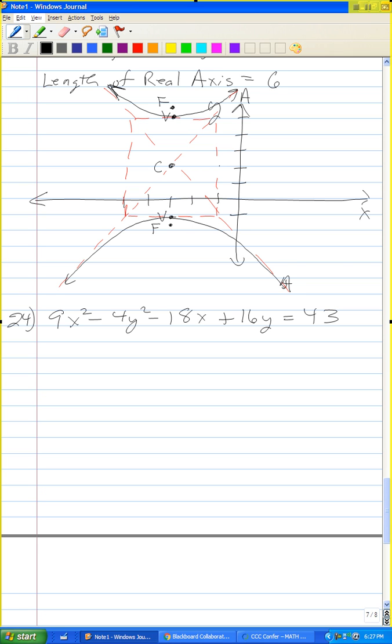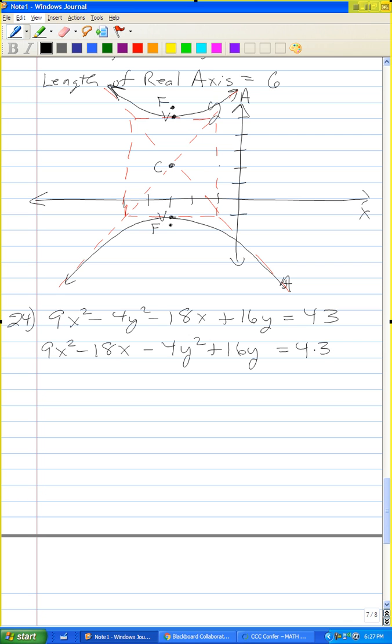So first, let me group x's together. 9x squared minus 18x minus 4y squared plus 16y equals 43.